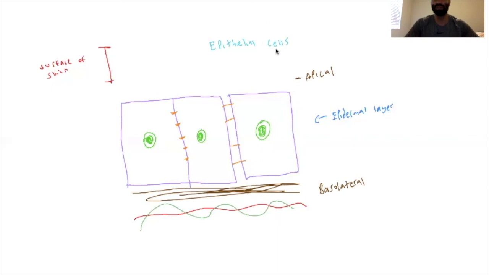Now, let me define this first. So first, we're going to talk about transcytosis. Trans means across. Cytosis refers to cells. And this goes from apical to basolateral, or vice versa, through the cell.